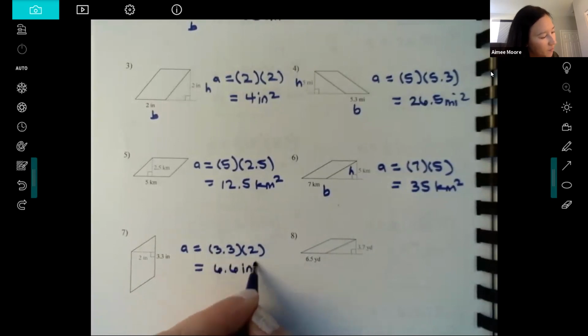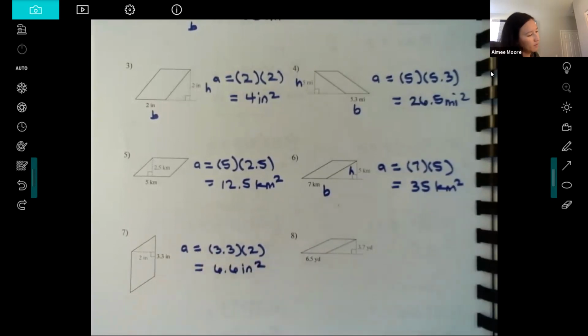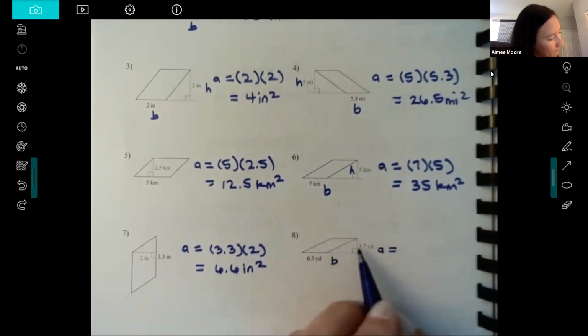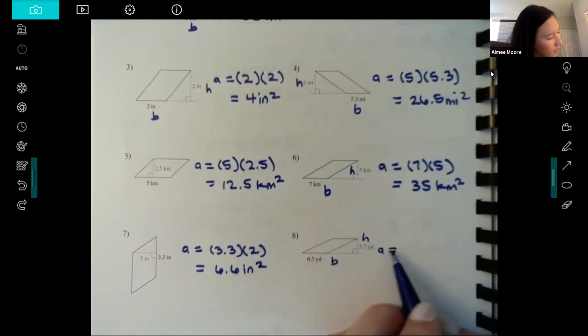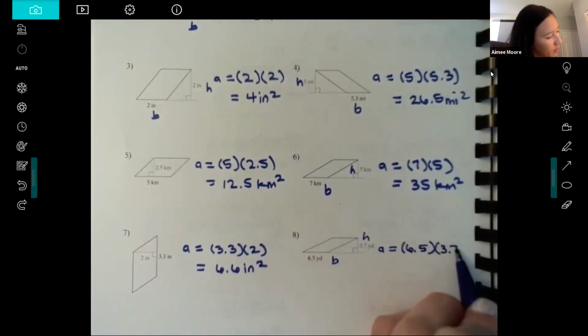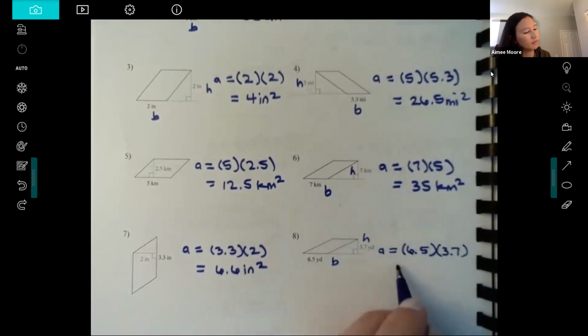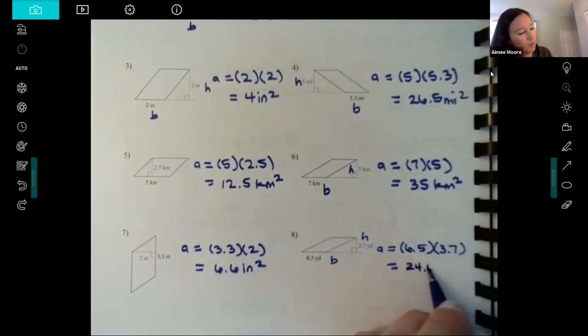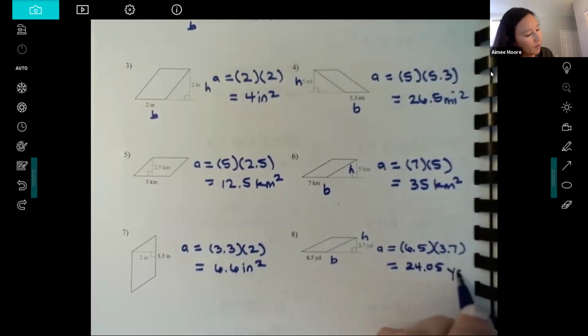Okay. So number 8, we have 6.5 and then 3.7, which gives us 24.05.